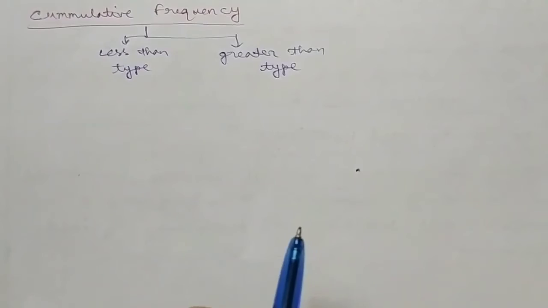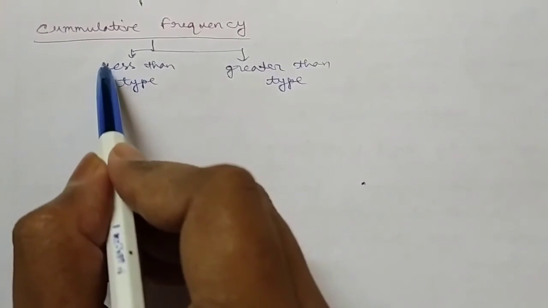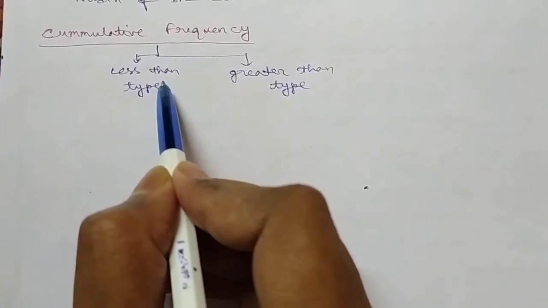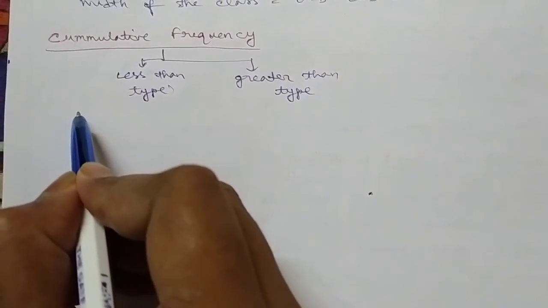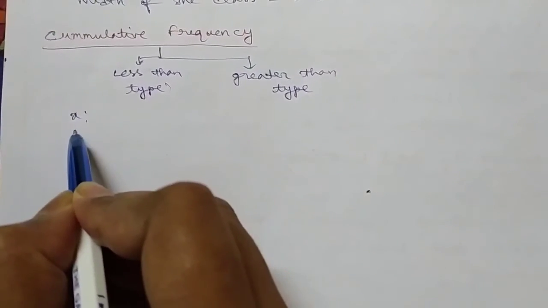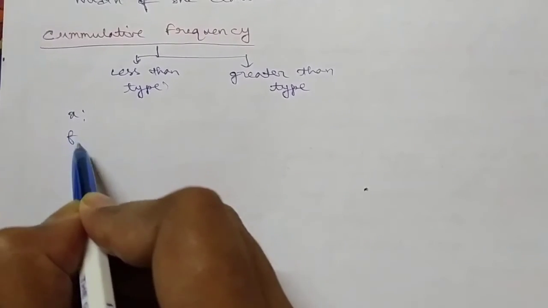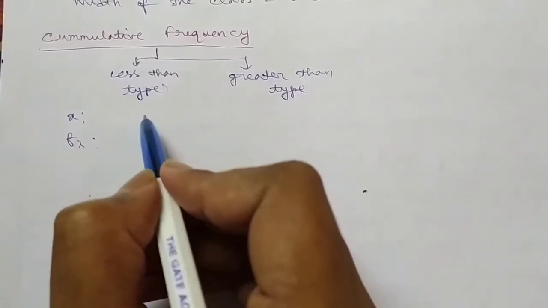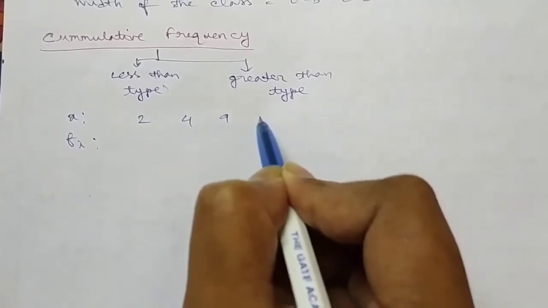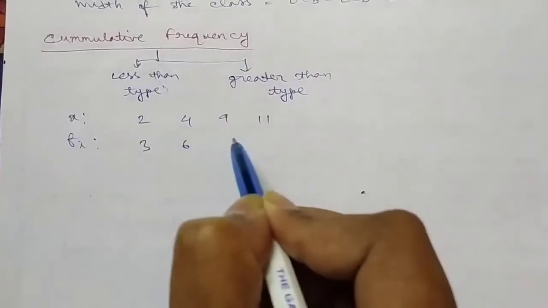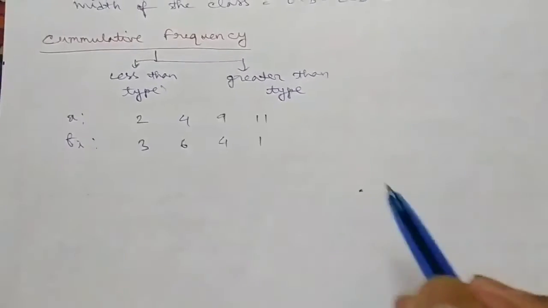I am going to give an example. The less than type of cumulative frequency is mostly used. So for less than type, let's take a statistical data. Let's take here 2, 4, 9, 11, 3, 6, 4, 1.